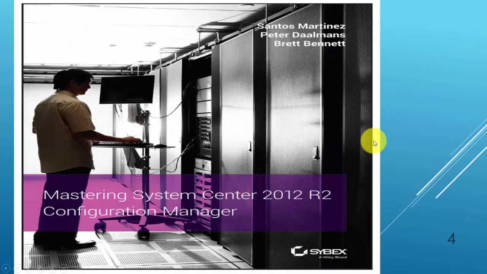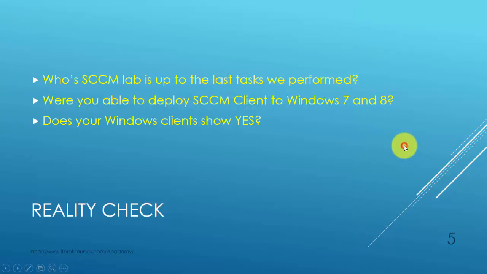And before we go to PowerShell, I always ask if you are all able to do the lab till the last class where we were, and are your Windows 7 and Windows 8 clients showing yes inside the assets and compliance inside the SCCM console.